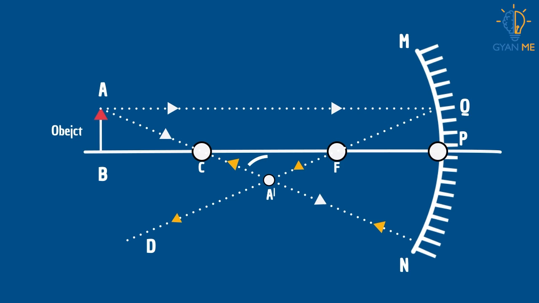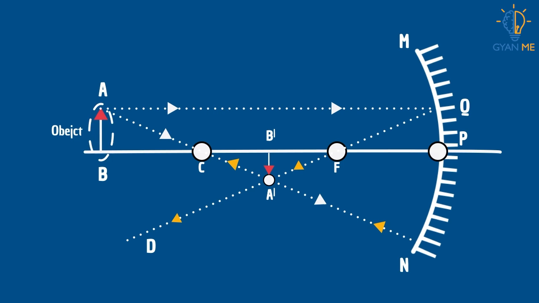The point B is situated on the principal axis, and so its image will also be on the axis and will be directly below A dash. Thus, the image of B is at B dash. The images of points between A and B will be formed between points A dash and B dash. Thus, the image of object AB is A dash B dash.